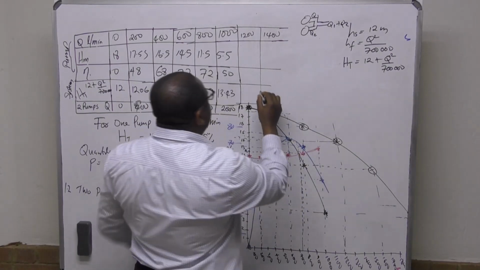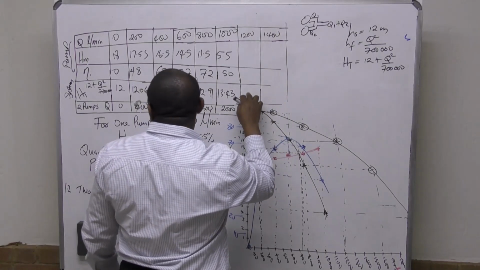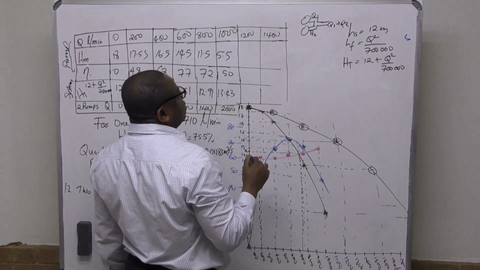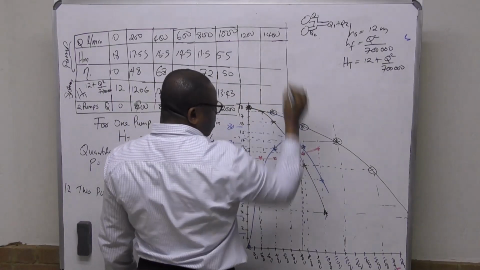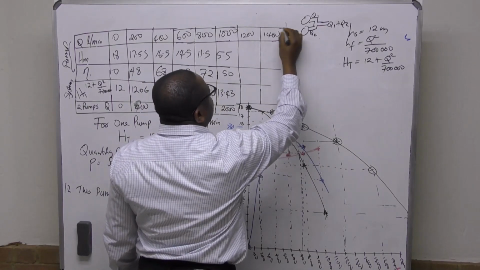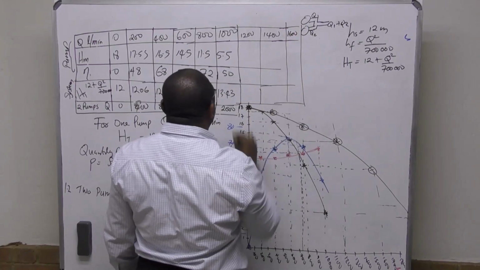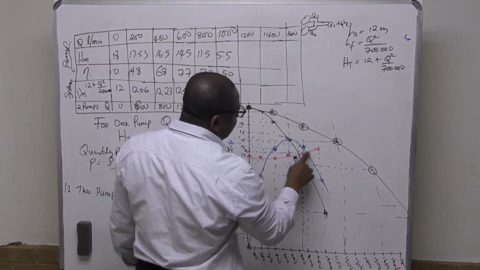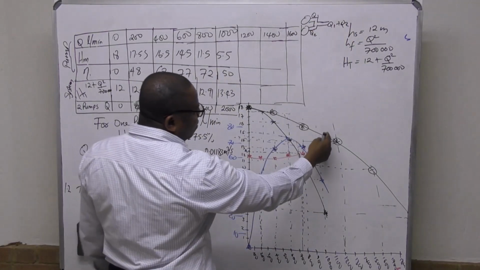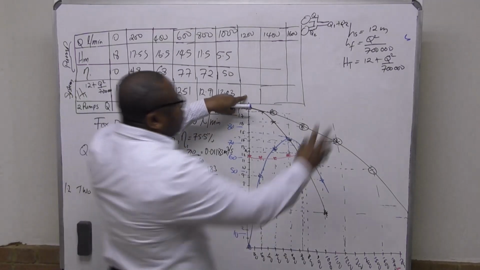I want to see what will be the total head here, which is static plus friction head. I want to make sure it cuts across here, so let's say 1,600 or so. So that I can complete this, and from there I'll be able to get my operating point.